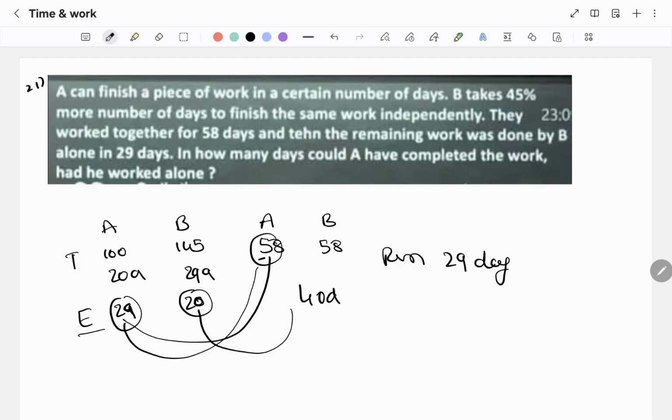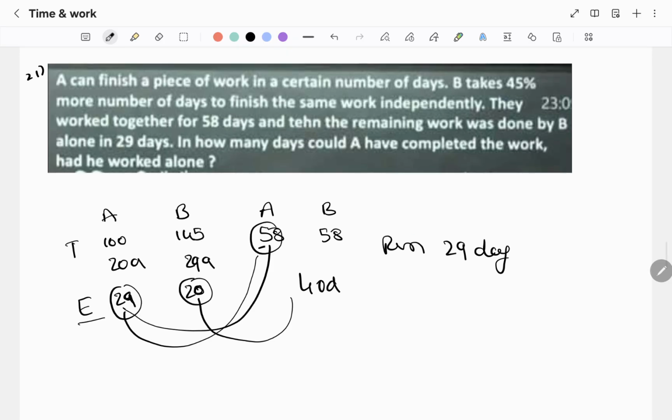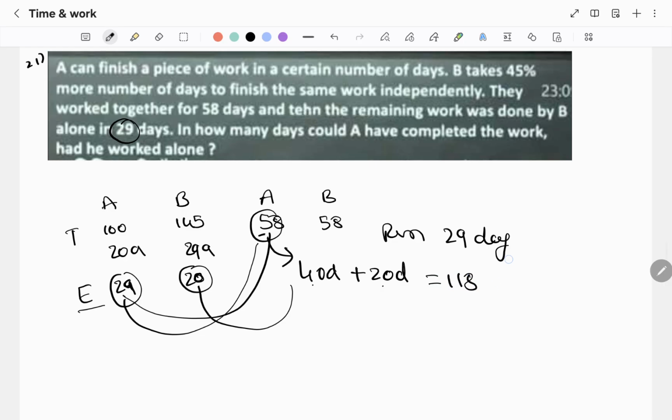Then the remaining 29 parts, what they are saying? This remaining 29 parts, B has to do in how many days? So 29 is half of this 58, means half, 20 days. So total 40 plus 20 plus 58, which will be 118. Suppose if you didn't understand this, we'll go for the normal method.